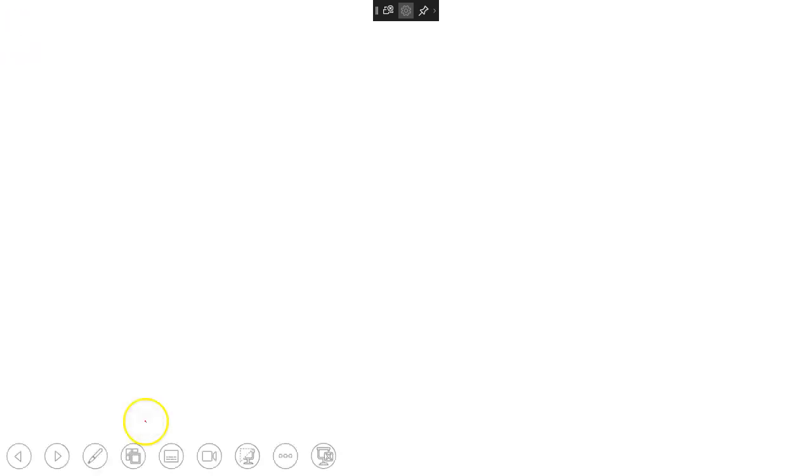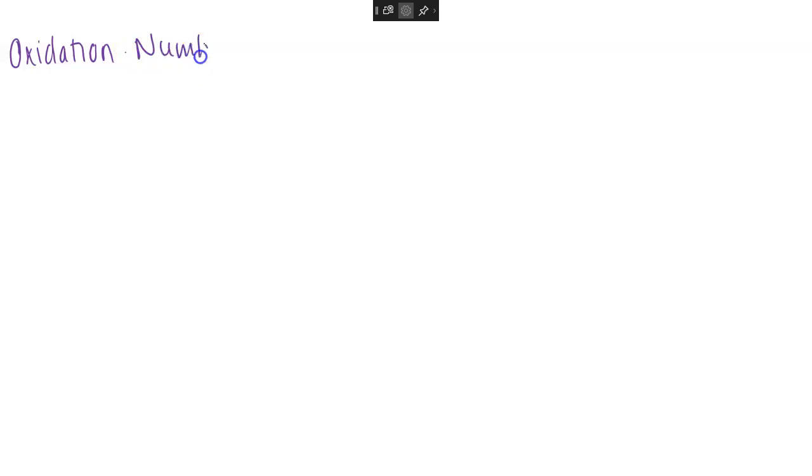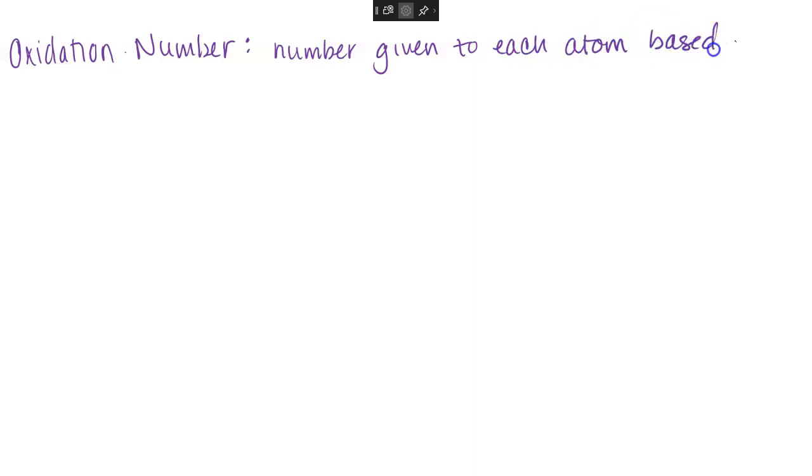An oxidation number is a number that is given to each atom based on electron assignments. I would also say arrangements.